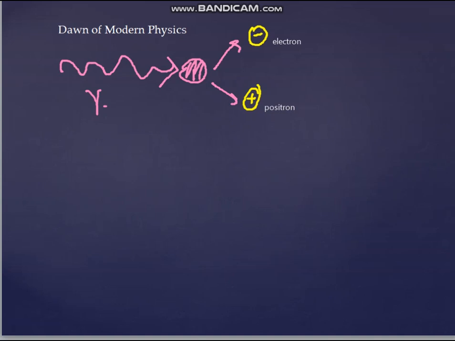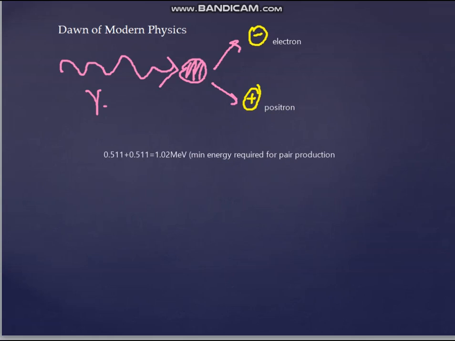So when you add those two, you get 1.02 mega electron volt. That should be the minimum energy of the photon required for pair production, 1.02 mega electron volt.